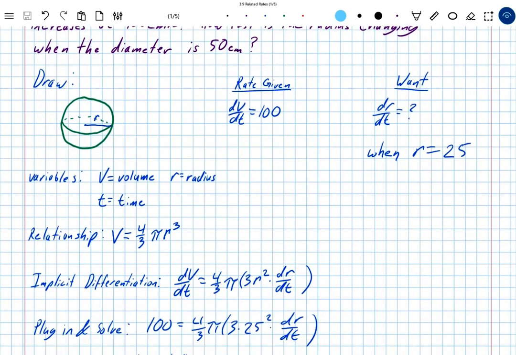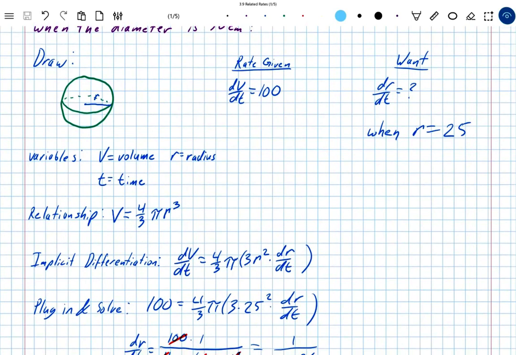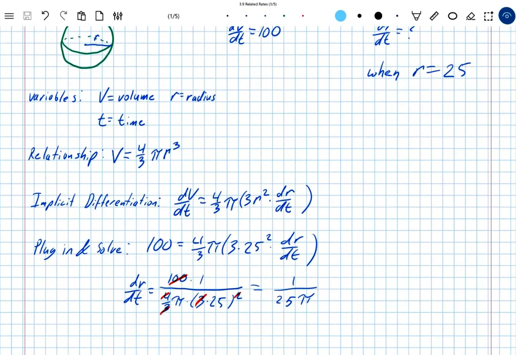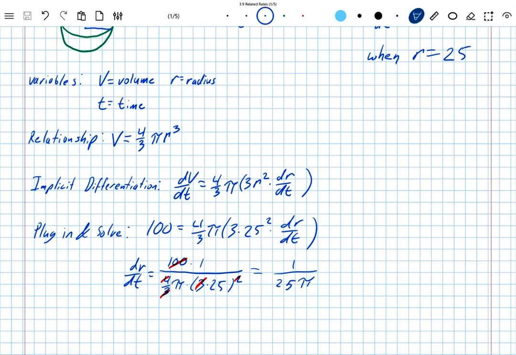So in this case, volume is related to radius via my volume formula for a sphere. Once I get that, I take the derivative to get a relationship between my rates. Once I take that derivative, I'm allowed to plug in these fun numbers, and then I just solve for the rate I want. Very, very cool.